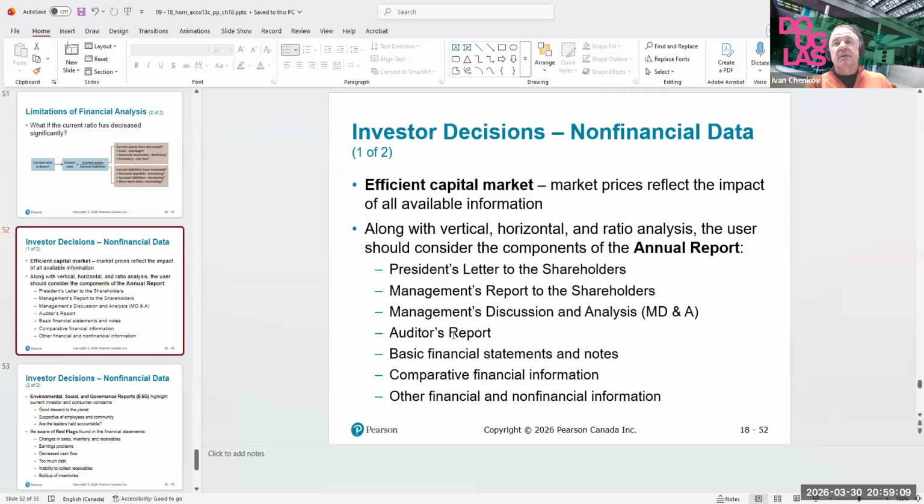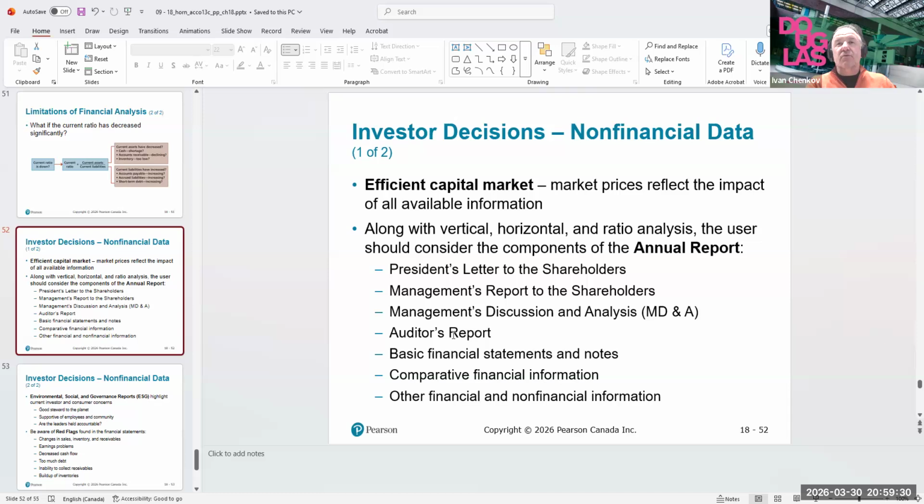Non-financial data is equally important. Where can you get that non-financial data? From any other documents related to the business and posted anywhere in the internet environment.